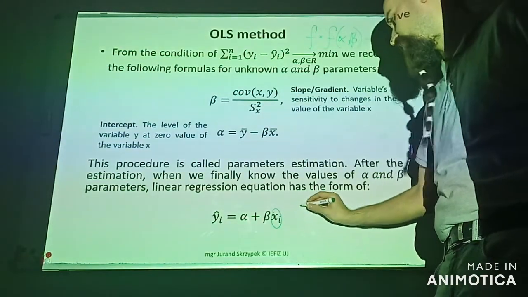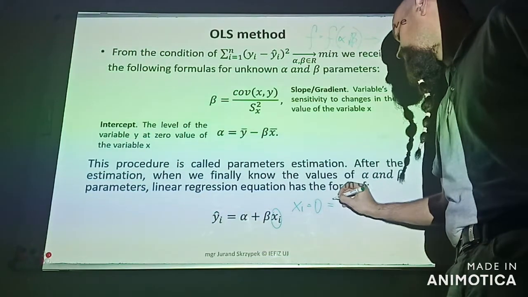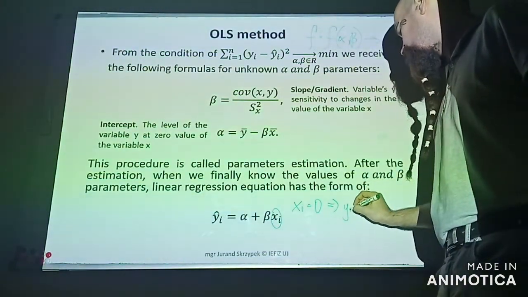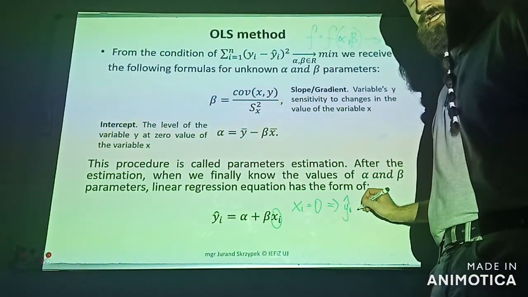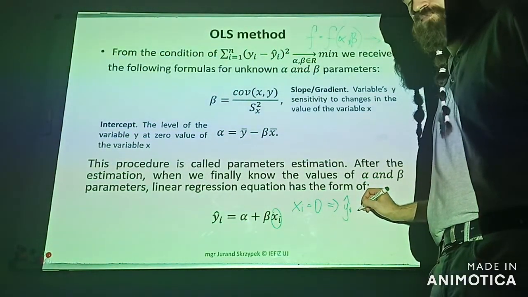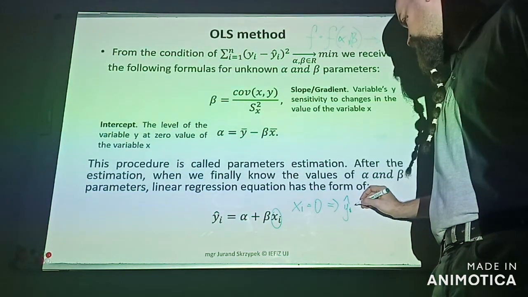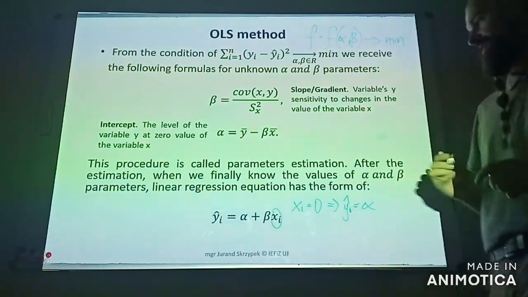If xi is equal to 0, then yi with a roof, the theoretical value of y, the value that lies exactly on the straight line, is equal to alpha in that situation.